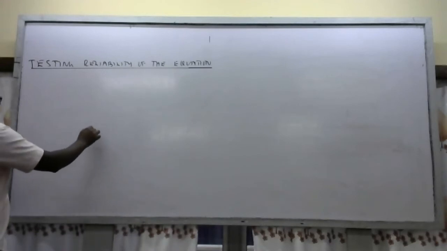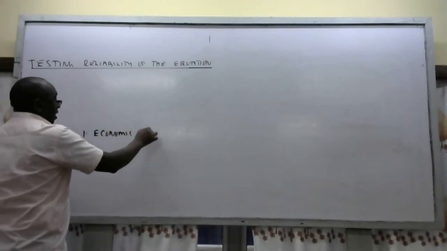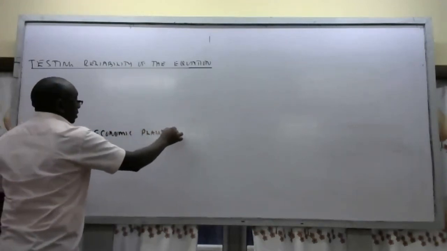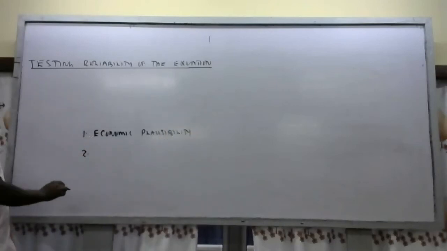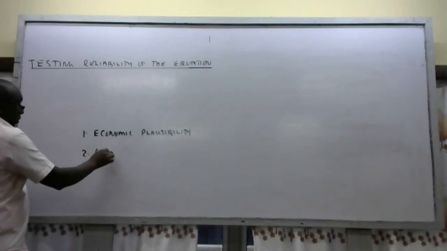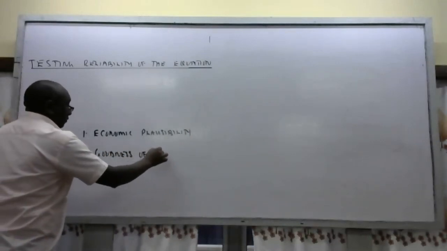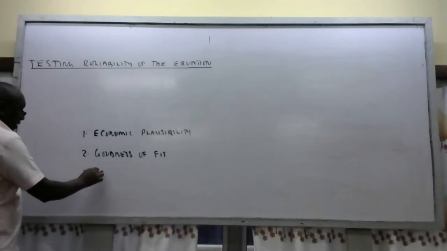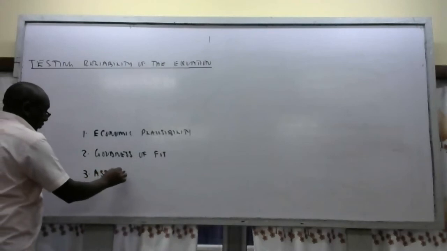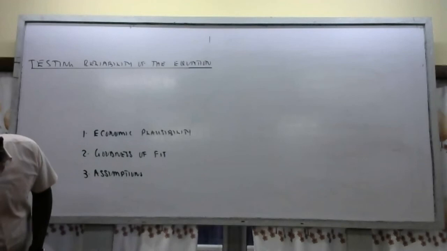One, economic plausibility. Number two, goodness of fit tests. And three is assumptions.